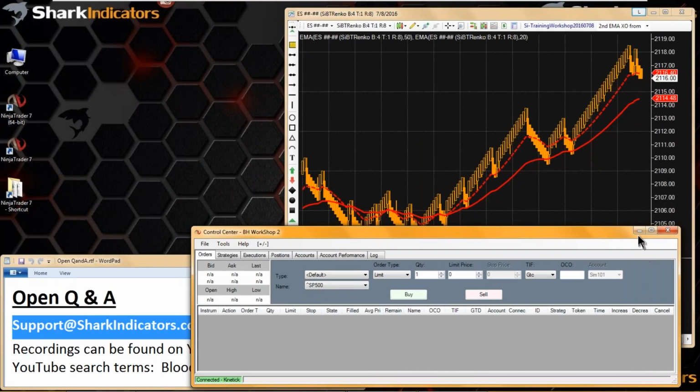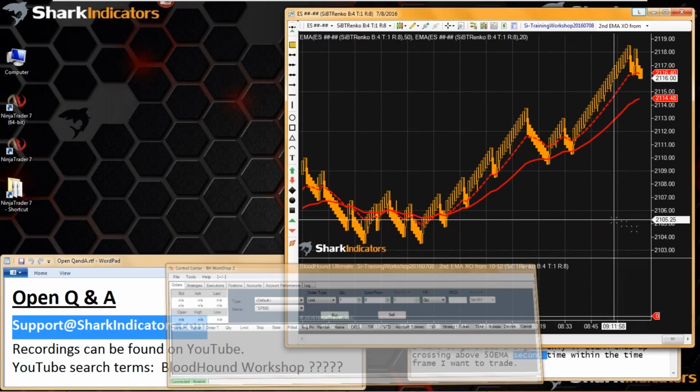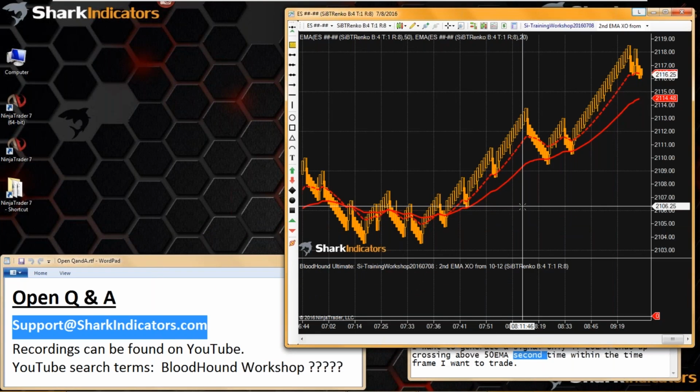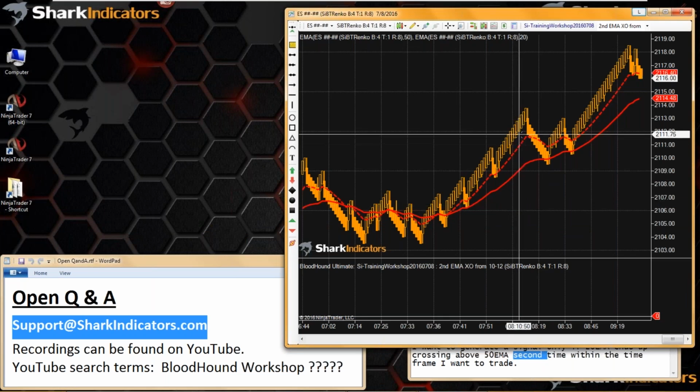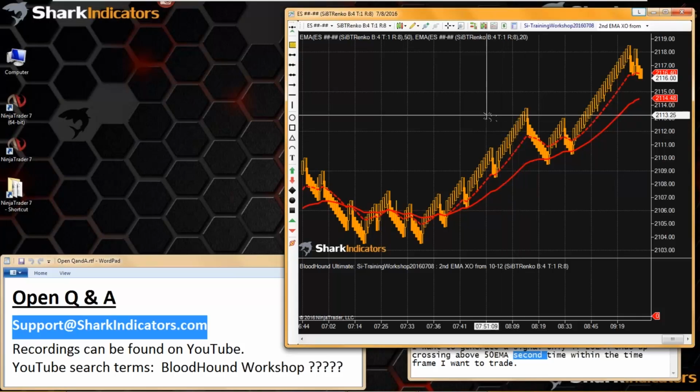ES data always takes the longest to build charts on, just because the ES data has the highest volume of all the instruments. The ES has about 10 times the volume of most of the traded instruments on the market. So it always takes longer to build Renko bars and range bars on the ES than any other chart.